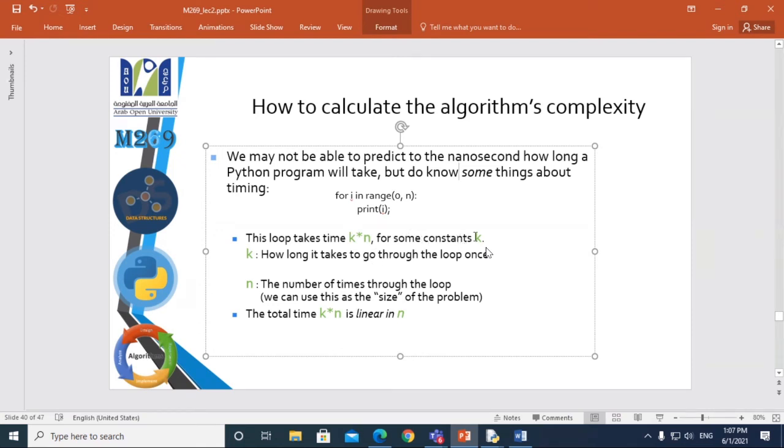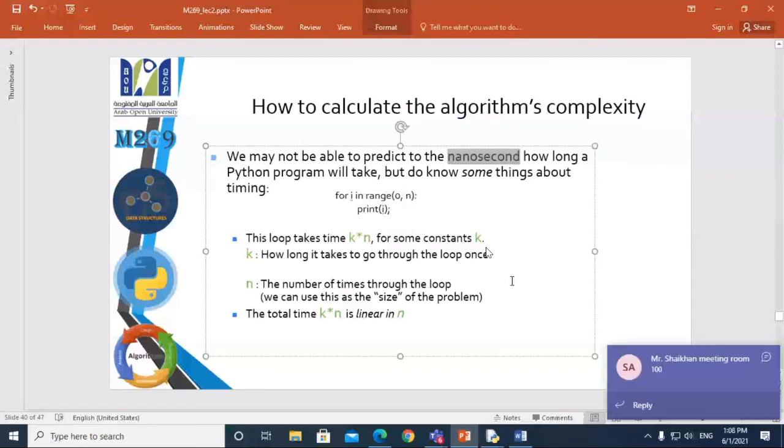K is how long it takes to go through the loop once. يعني الآن اللوب هذا will be repeated 100 times. How long will it take to do it one time? K. It could be nanosecond, it could be 1 second, it could be 2 seconds, الله أعلم. لكن it will go K.